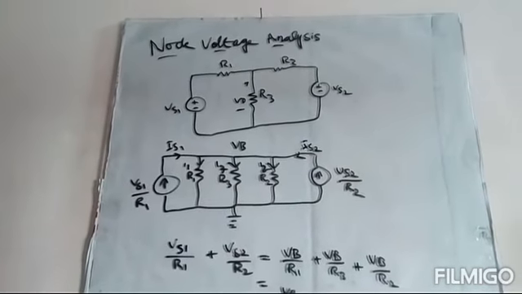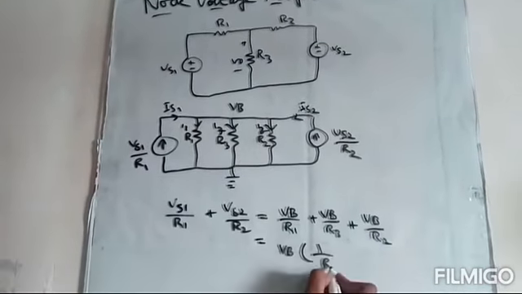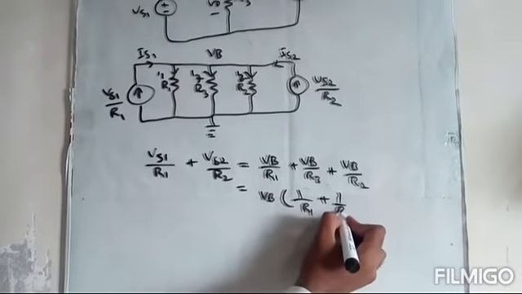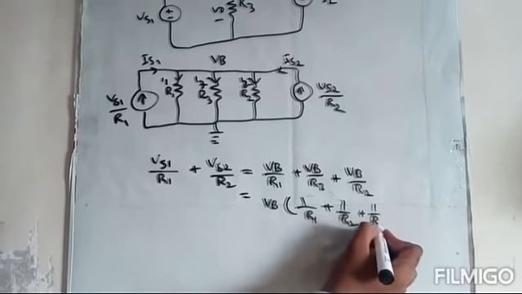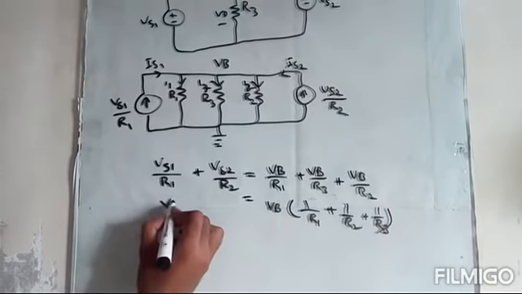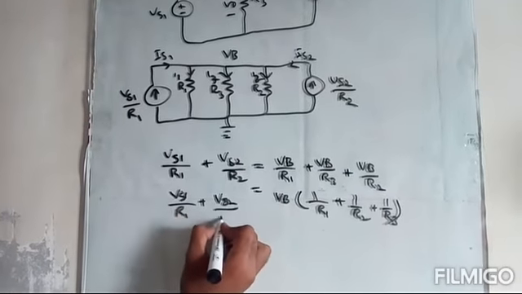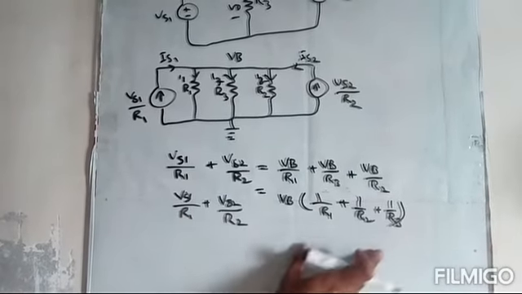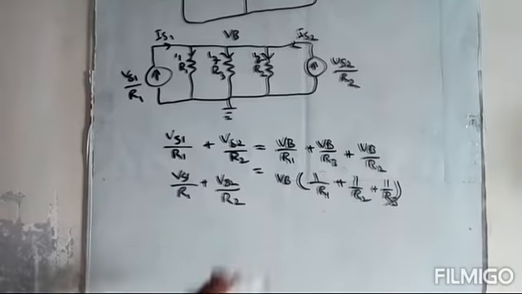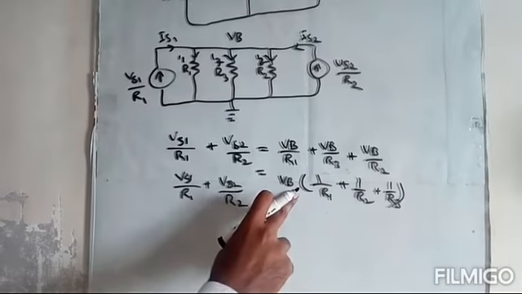Vb can be taken as common, and the remaining will be 1 over R1, 1 over R2, plus 1 over R3, and this is Vs1 over R1 plus Vs2 over R2. This term will be divided here, and we will find the value of Vb which we want to find.